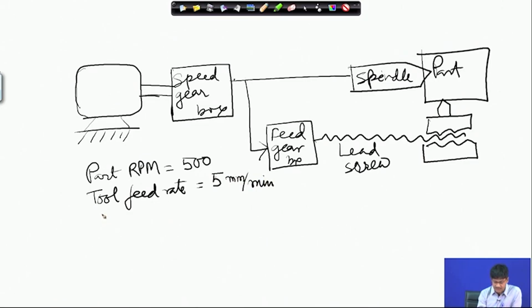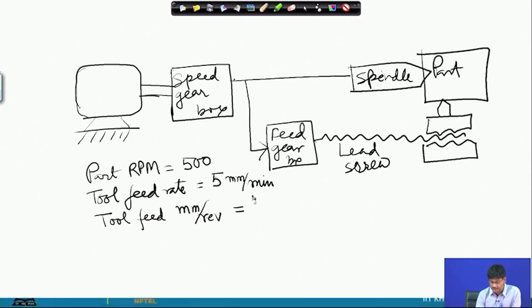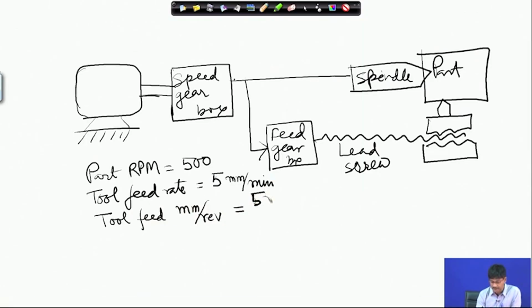In that case, tool feed in millimeters per revolution of workpiece comes out to be 5 millimeters per minute by 500 revolutions per minute.